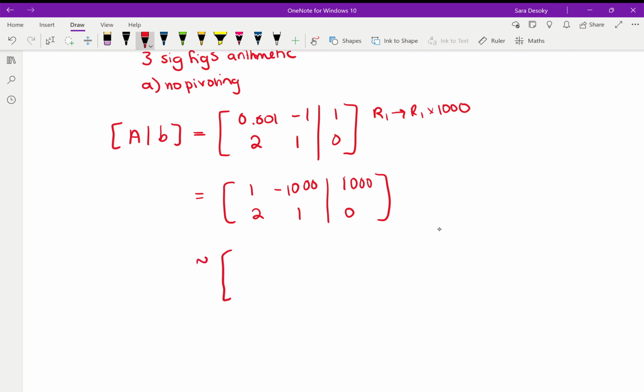I didn't have to do any rounding there because there was nothing to round. Here I will: row 2 gets row 2 minus 2 row 1.